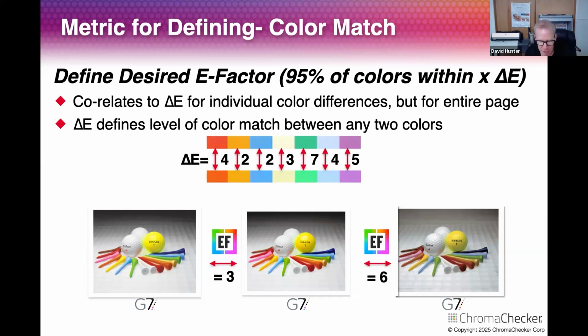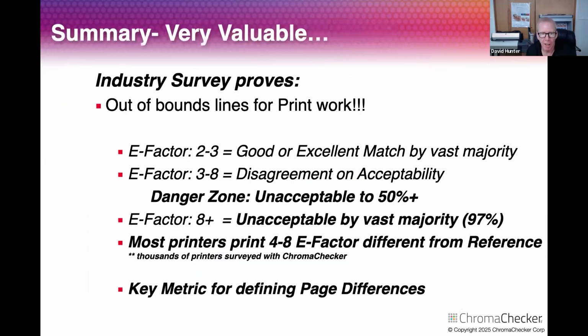And we've done scientific research proving that this data is extremely useful for understanding what the industry is looking for in color. So in summary, for E-factor, we've pulled over 200 print buyers, and we found that anything under 3, the vast majority accepted. Anything over 8, the vast majority of people did not accept.